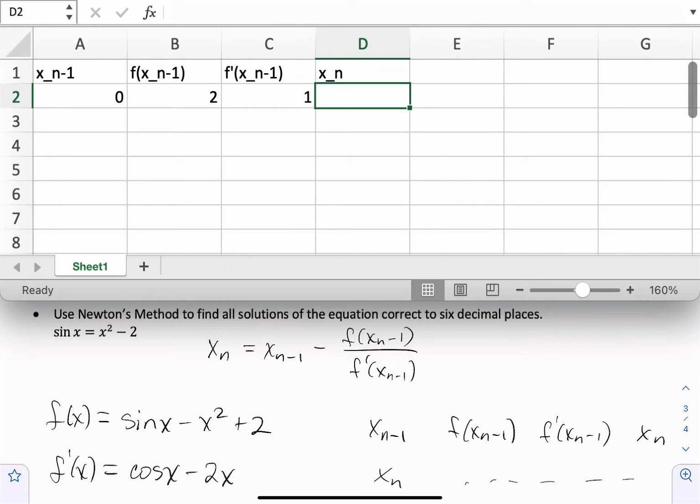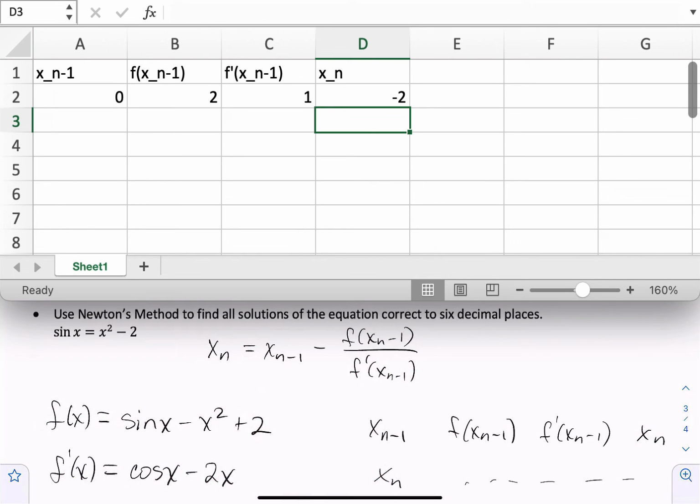And we have the formula in front of us here. This is where Excel is really nice: equals x sub n minus 1 minus f of x sub n minus 1 divided by f prime of x sub n minus 1, enter. And then, as we said, that output becomes my new input.